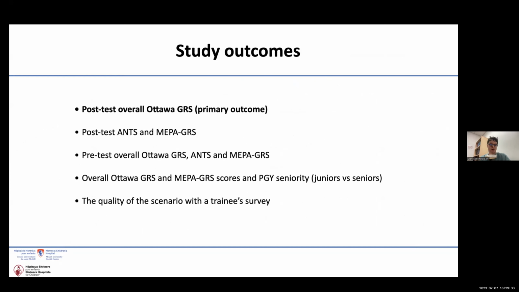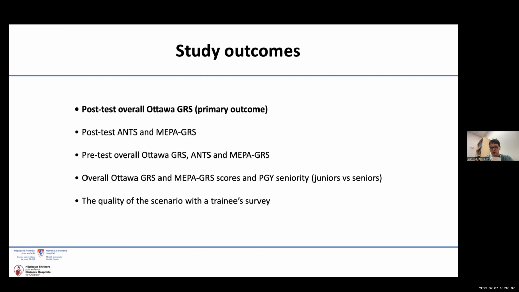And these are the study outcomes. Our primary outcome will be the overall Ottawa GRS. So basically, we're going to look at how well they improve from the pre-test phase to the post-test phase. We're going to compare the VR with the mannequin-based simulation, and then we're going to test the other scales as well. We're also going to look if there is any difference before actually doing the test, to see if the groups are homogeneous or not.